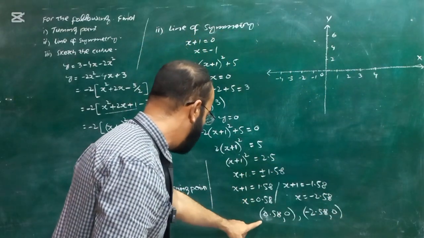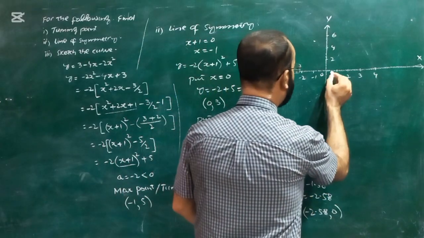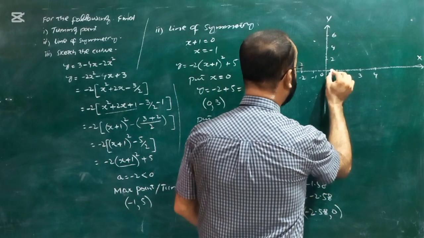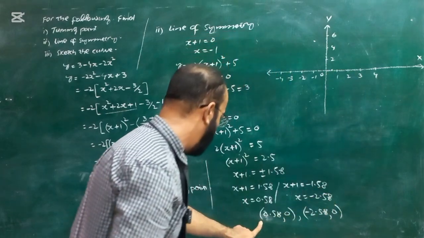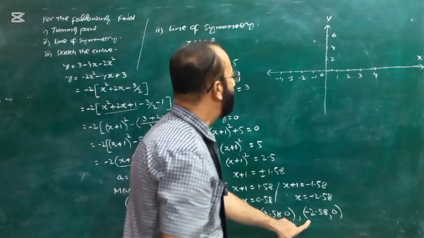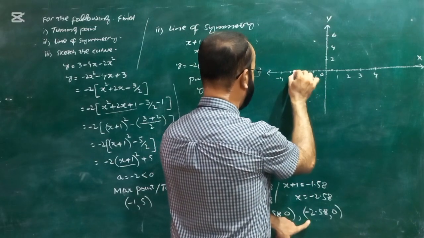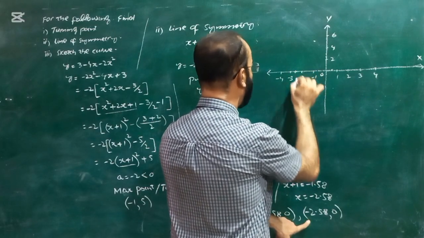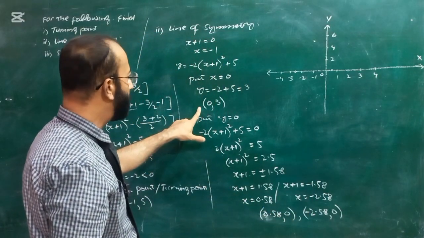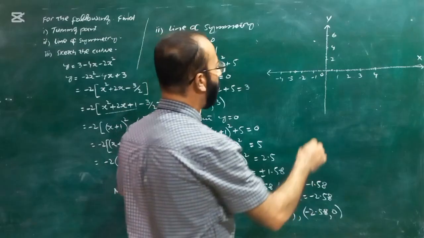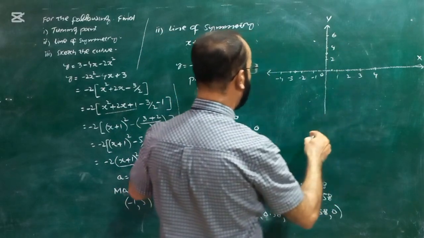Intersecting point at the x-axis are 0.58 and 0. So here is 0.58 and 0. And second is minus 2.58 and 0. And the intersecting point at the y-axis is 0 and 3. So this is 0 and 3.